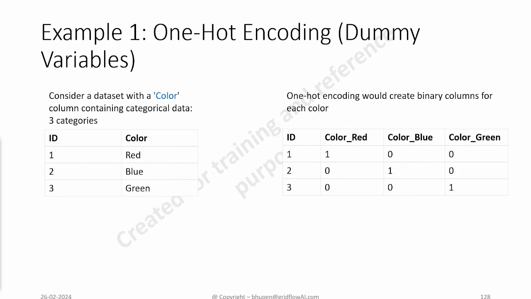If you pass the column to that function, it will read the column, find out how many distinct values it has, and automatically convert it to dummy columns. Sorry, I didn't explain that earlier. These columns that you see here are called dummy columns, meaning the additional columns that we have created here.